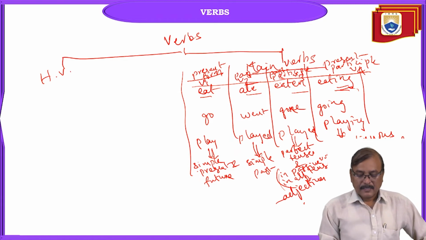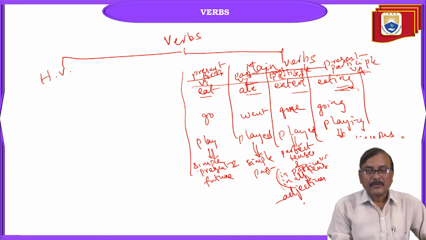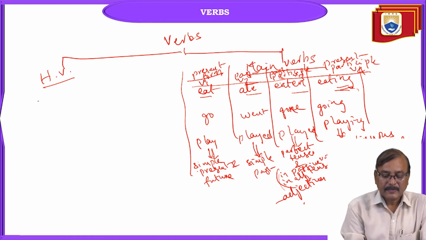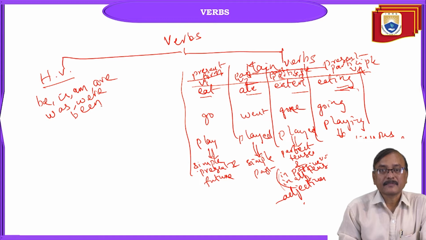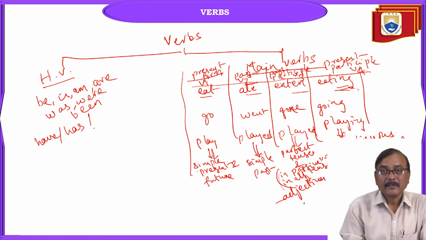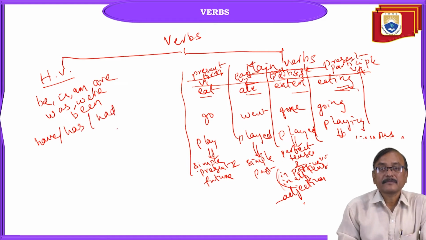Now, if we come to the helping verb side, the be forms are be, is, am, are, was, were, been. These are called be forms. The perfect forms are have, has, had.